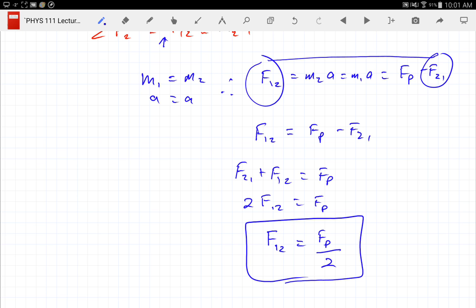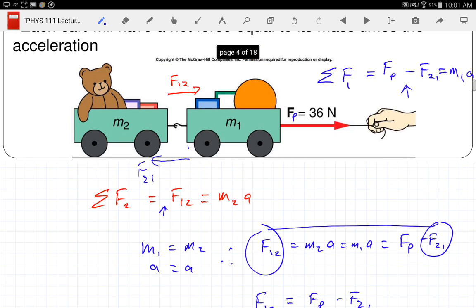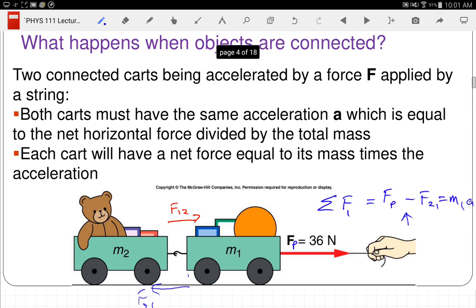Now, if you think about that answer, it actually comes back and it's really kind of obvious. When I pull on the first cart, my force has to accelerate both of the carts. So that force is supplying the acceleration for both of them. Since they have the same mass, that means it had to be an equal force to accelerate the first one and to accelerate the second one. So the total force had to be twice the force necessary to accelerate a single cart.